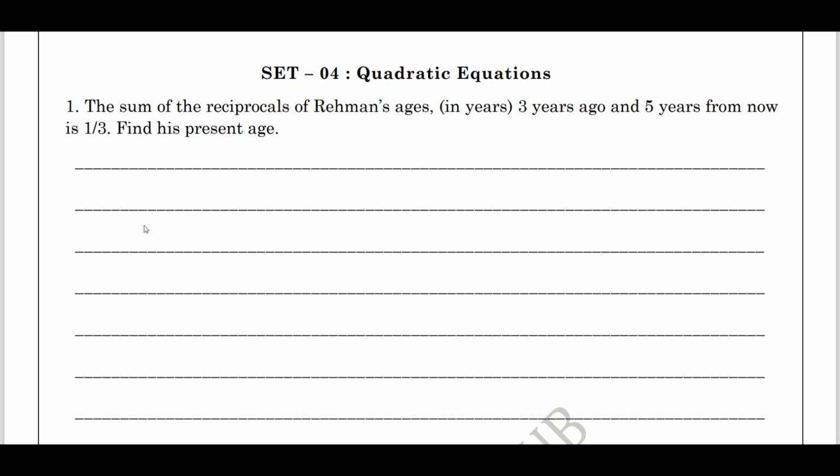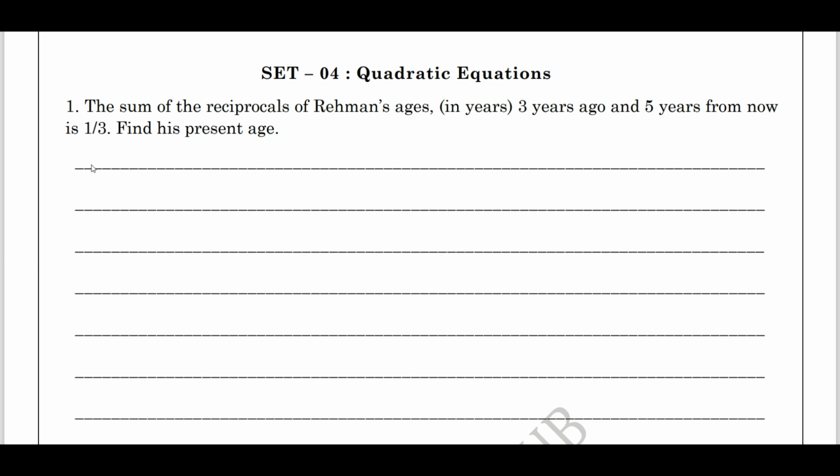The sum of reciprocals of Rahman's age, that is in years, 3 years ago and 5 years from now, is 1 by 3. We should find the present age of Rahman.